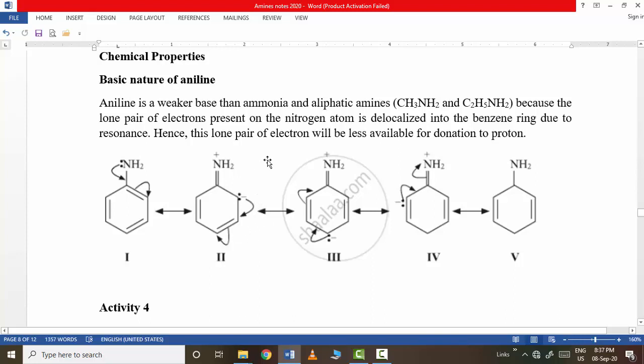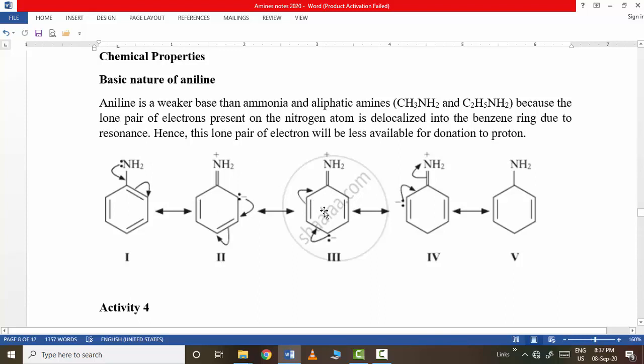Thereby, the lone pair of electrons will be less available for donation to a proton. Earlier we discussed that if the tendency to donate the lone pair of electrons is less, then it is going to be a weaker base. So that is the main reason why aniline is a weaker base.